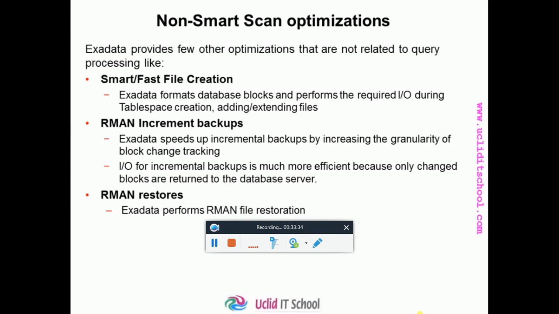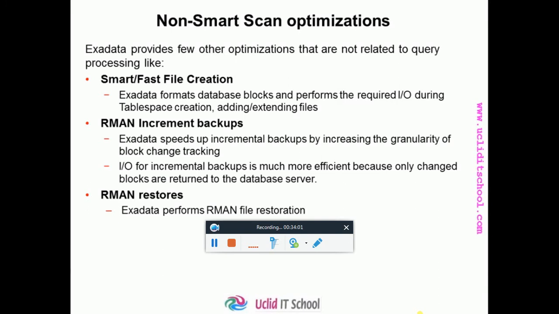Then on the Exadata platform, RMAN restore performance is much better because of improved algorithms used on Exadata. So these algorithms will be used when the underlying storage is Exadata storage. Otherwise, they are not invoked.